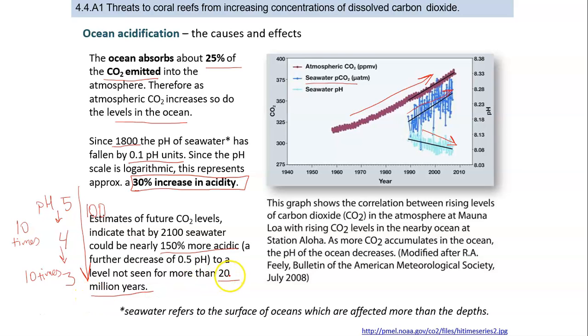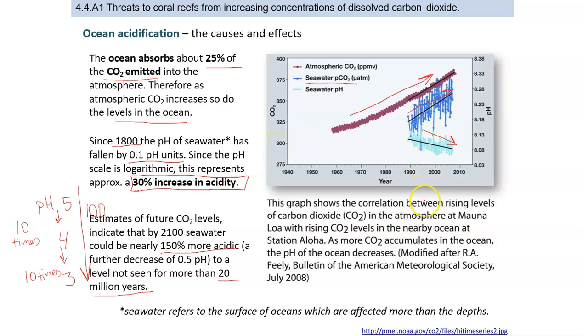So the decreased level of around 0.5 pH means that it hasn't been observed during the last 20 million years. So it's too much emission of carbon dioxide followed by the acidification of the ocean.